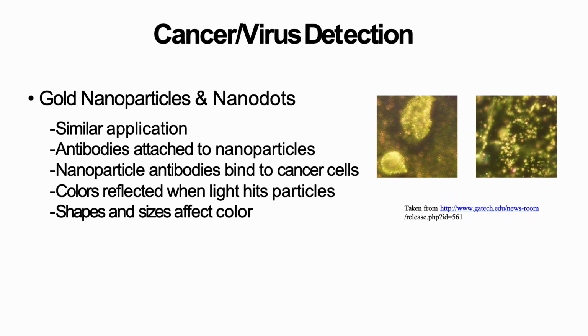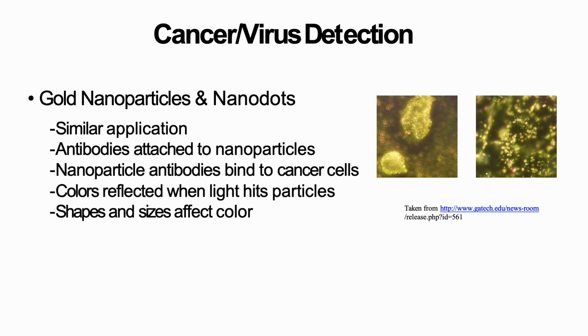So by having those antibodies binding to cancer cells, we are going to see the accumulation of gold nanoparticles on the surface of the cancer cells. Now, when we use a light, we'll be able to see the cells, only the cancer cells as well.